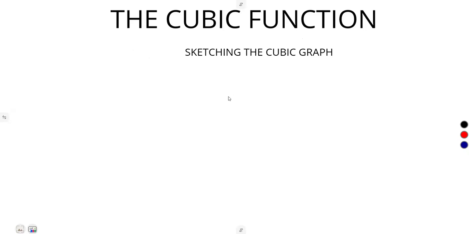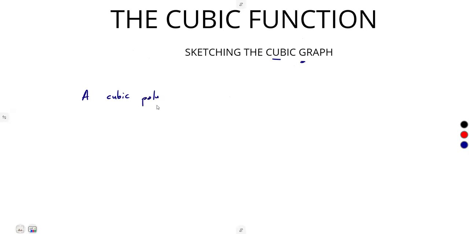If we are to consider the cubic graph, it is simply taken from our cubic polynomial. I want us to have the basic understanding.